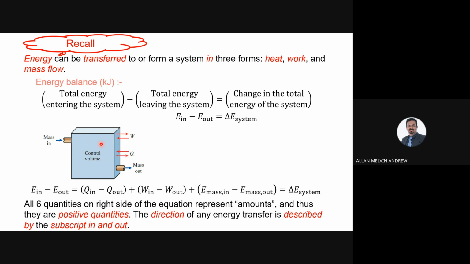If you expand this formula, you can put it like this: E in minus E out equals Q in minus Q out plus W in minus W out plus E mass in minus E mass out.